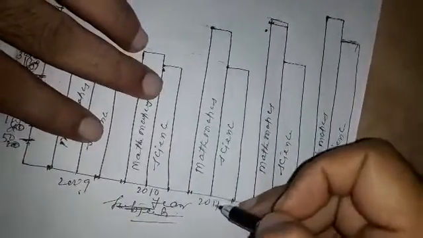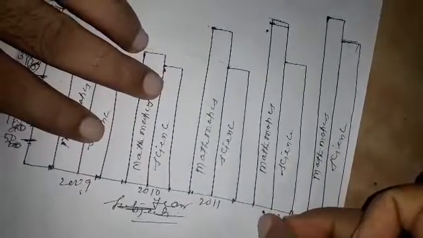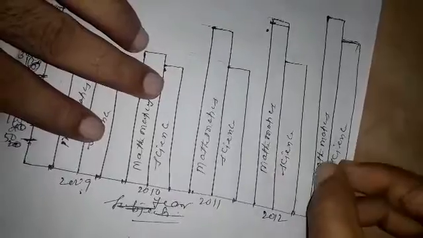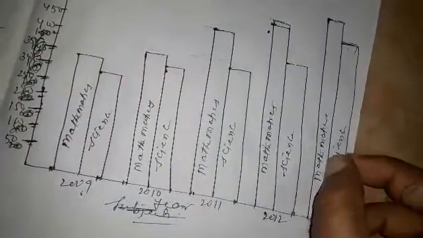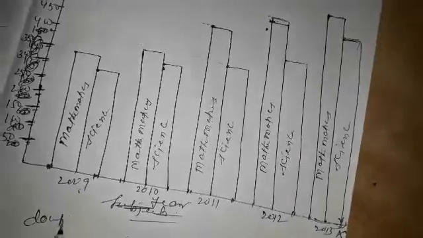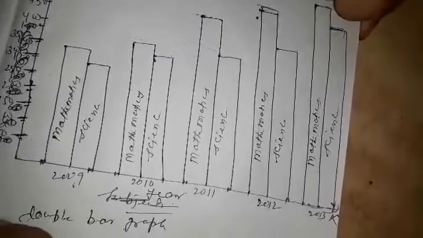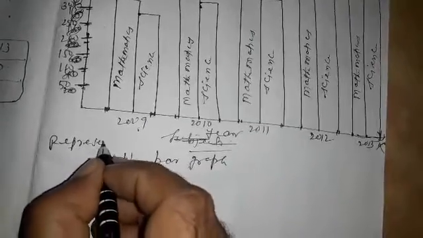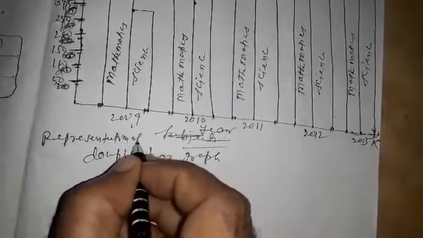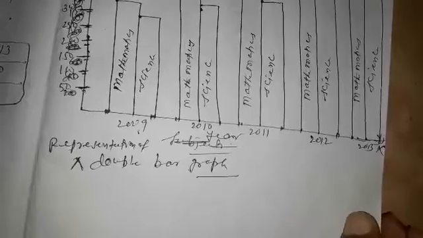In 2011, both subjects are denoted here. In 2012 also both subjects are denoted, and in 2013 also. This is called a double bar graph. Thank you children.